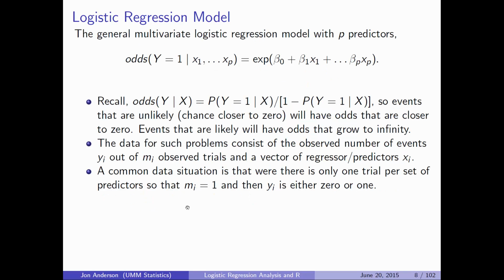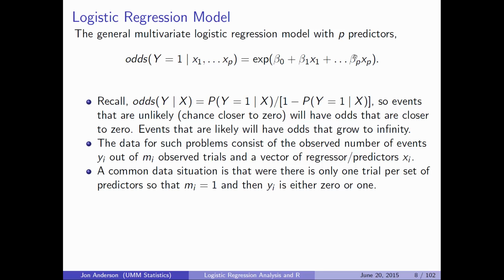And so finally we get to define the logistic regression model, and we define it in terms of the odds of the event. Y equals 1 means the event happens. The odds that the event happens for characteristics x1 to xp is e raised to the beta naught plus beta 1 x1 up to beta p xp.